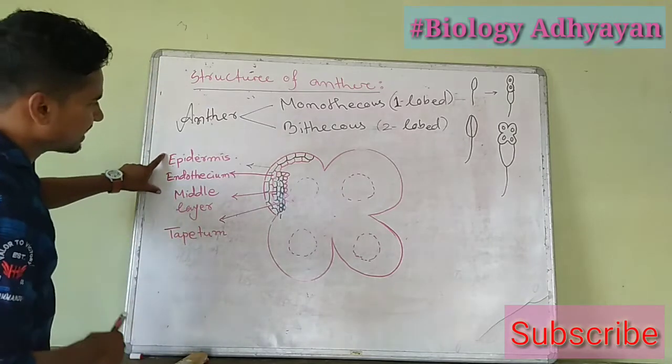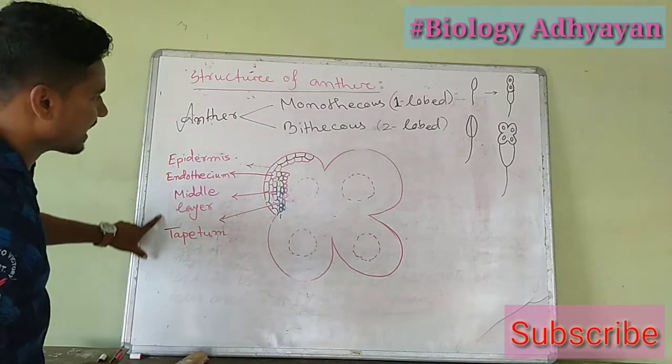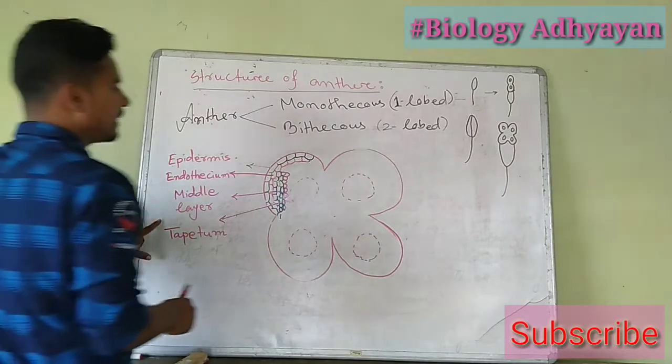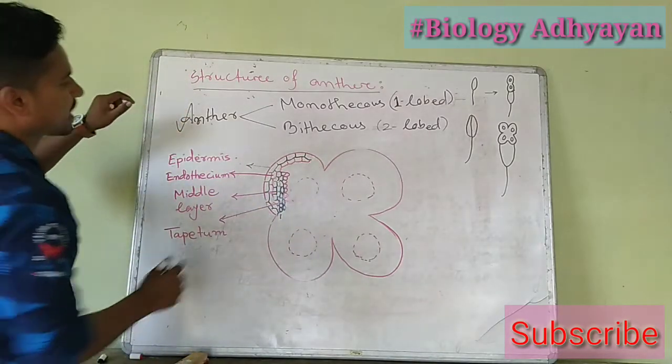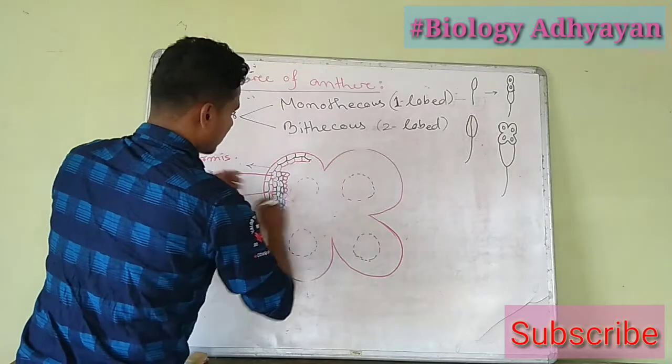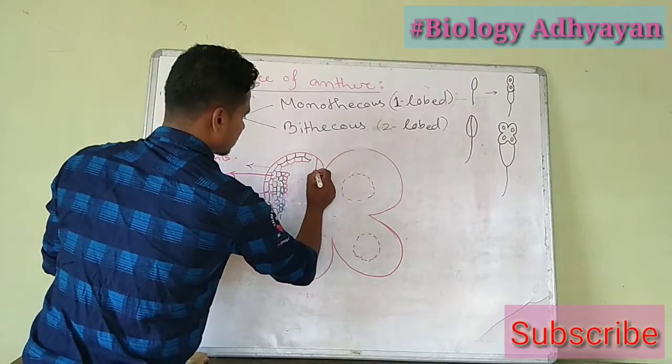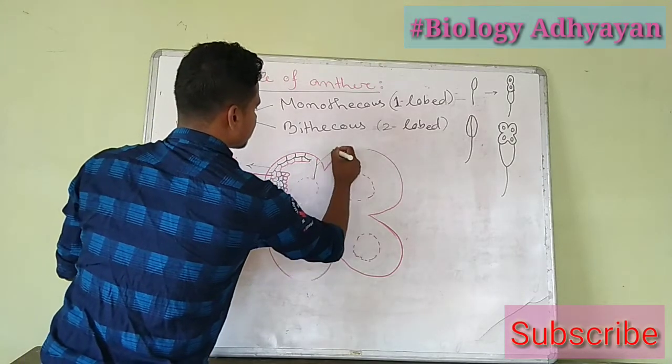You see, we have seen four different layers which compose the anther wall. So this is the complete anther wall.